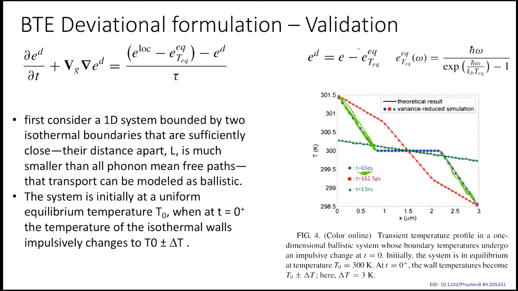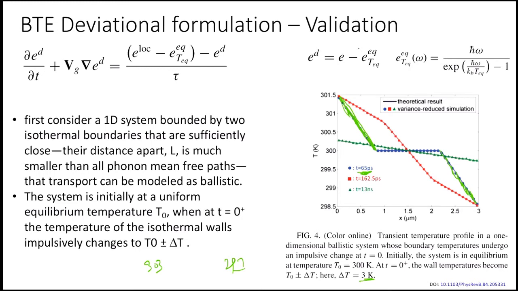The boundary temperature was 303 and 297, so within 65 picosecond it would reach here.